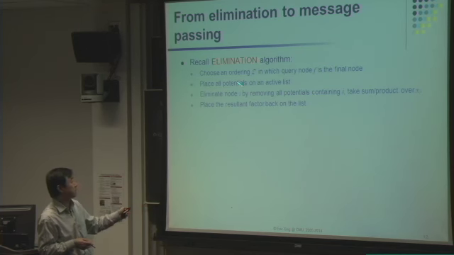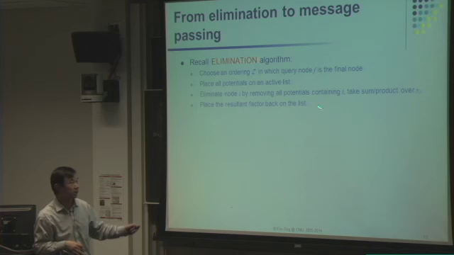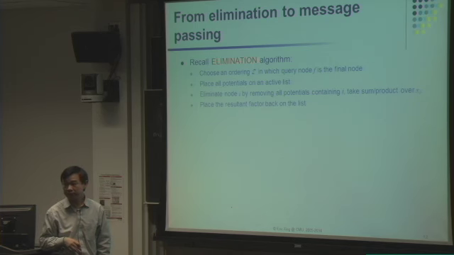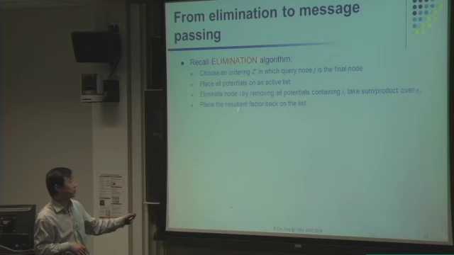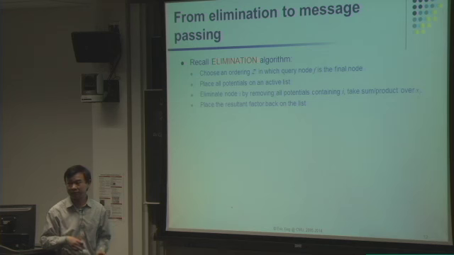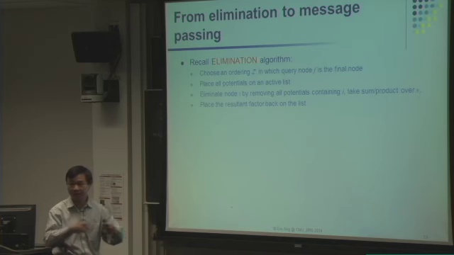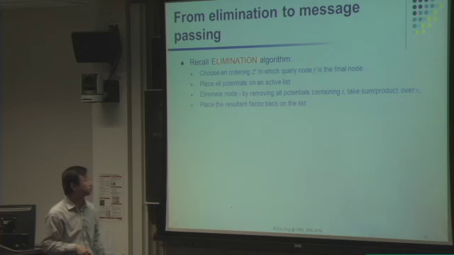And then you place potentials on the list, and you are going to eliminate nodes one by one, and each time by removing all the potentials containing the node to be removed through a sum product operation. And then we are going to refill the active list of factors with that newly generated intermediate factors. Okay? So that's basically the elimination algorithm in a nutshell.